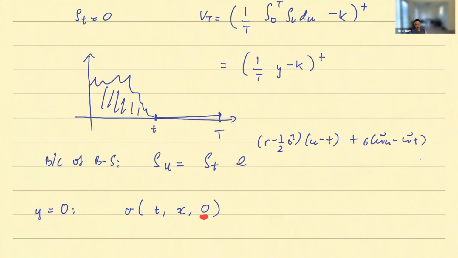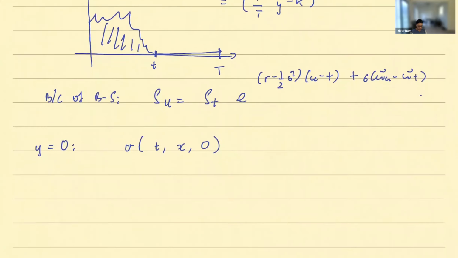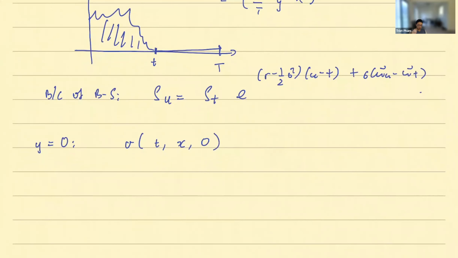If y equal to 0, based on the relationship between x and y, what must x be? Yeah, x must be 0, right? So physically, if y equals 0, it should imply that x equals 0. But let's just maybe skip that for a moment.